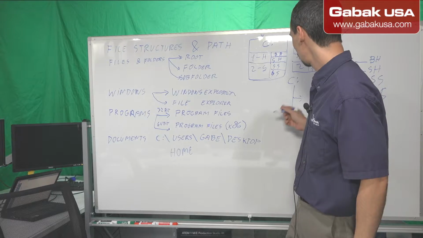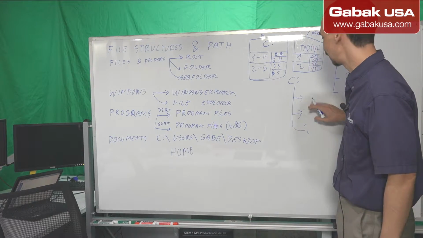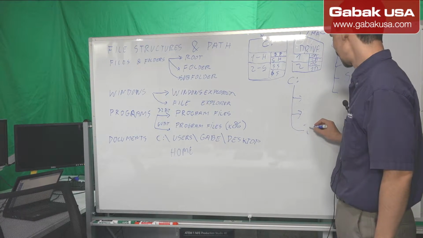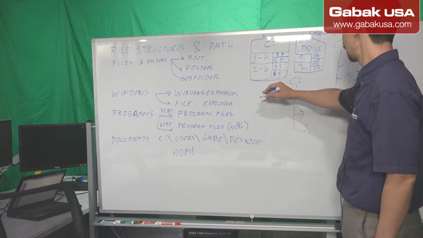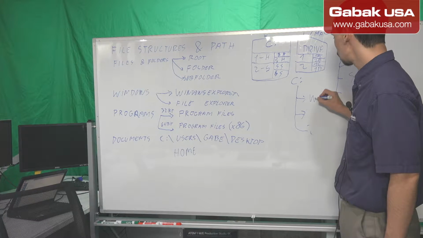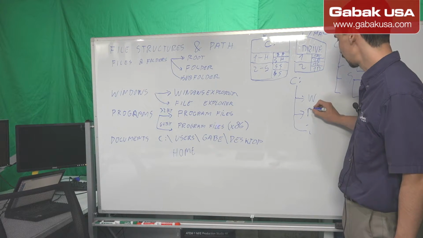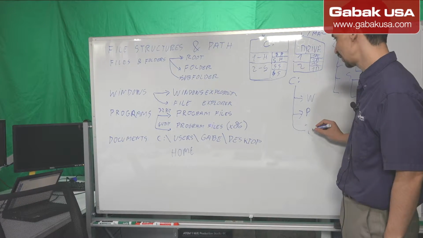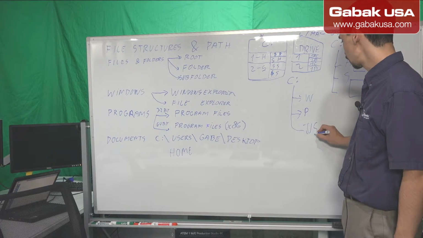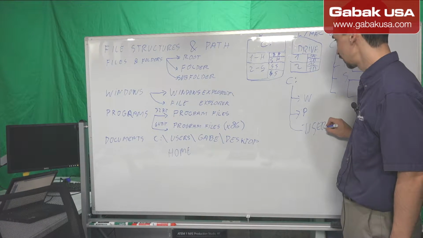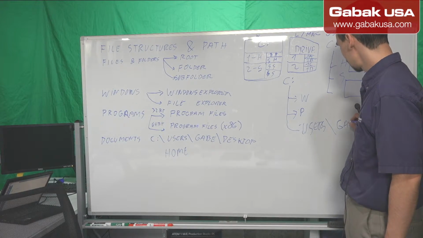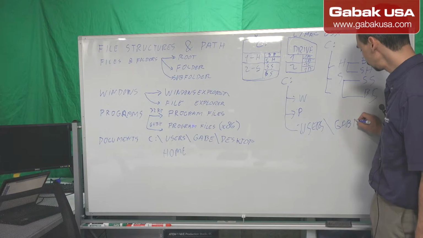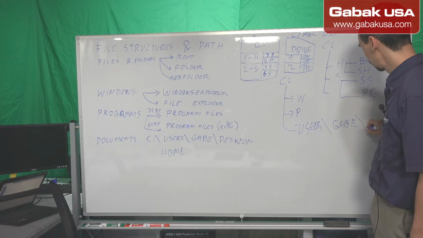draw the example. This will be the perfect example. Let's start here with Windows. Here we have Windows, here we have program files, and then here we have users, and then slash Gabe in this example, and then desktop.